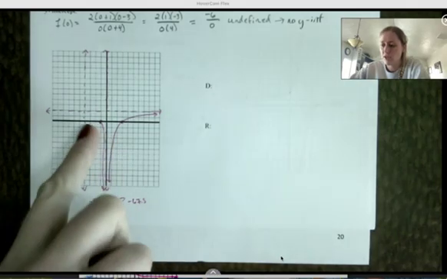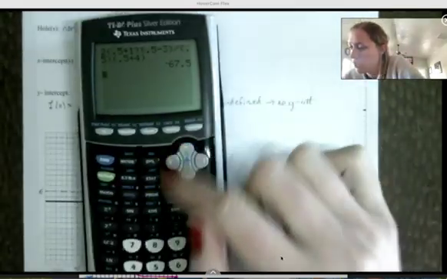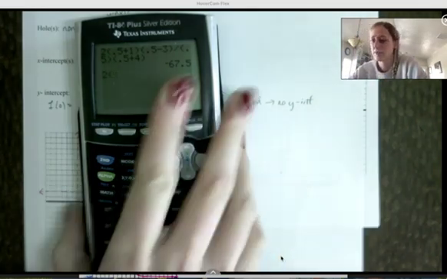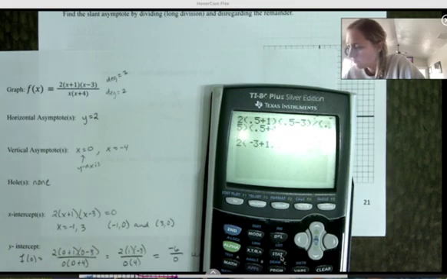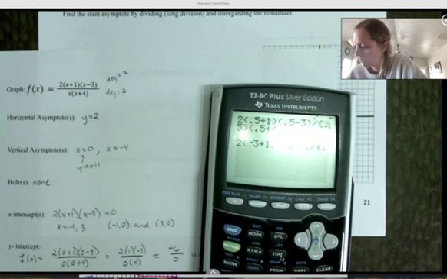Okay, so now I wanted to know what's going to happen at -3. So now I'm putting in -3 for all of those. So I'm using my equation up above again. So we've got 2 times -3 plus 1 times -3 minus 3 divided by -3 times -3 plus 4.